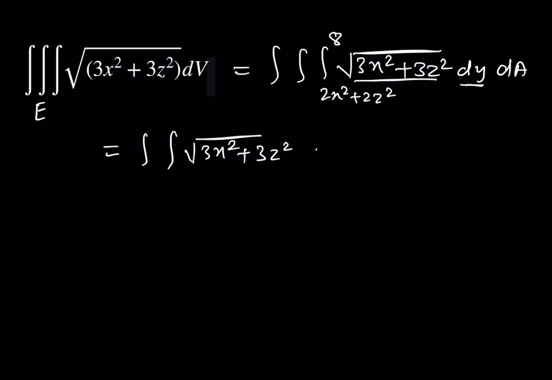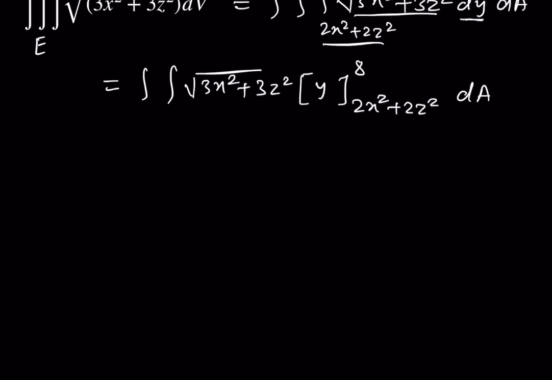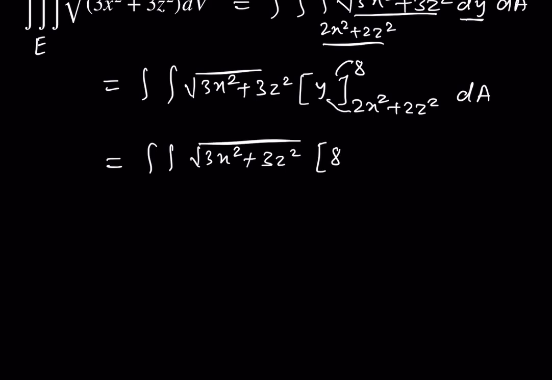Integration of dy is y, with limits 2x² + 2z² to 8. Substituting upper limit and lower limit: upper limit is 8, first part as it is, lower limit is 2x² + 2z², dA.